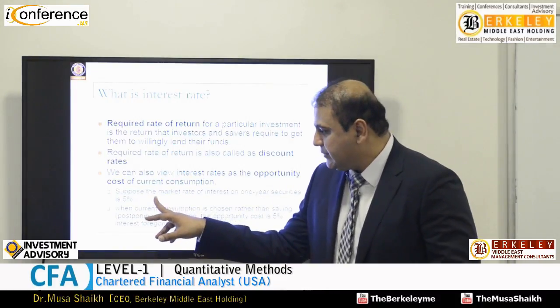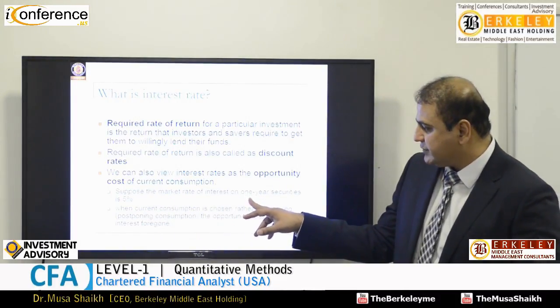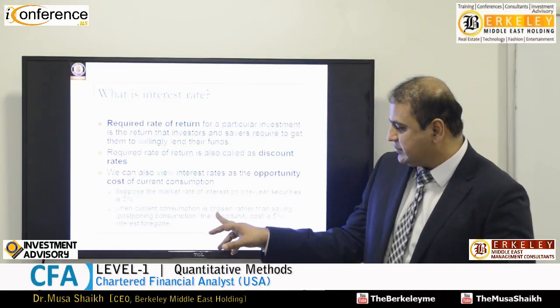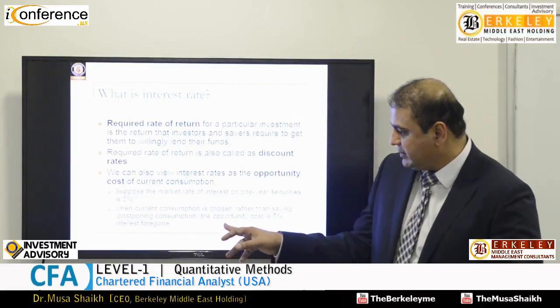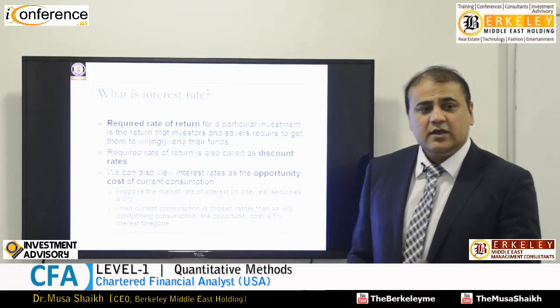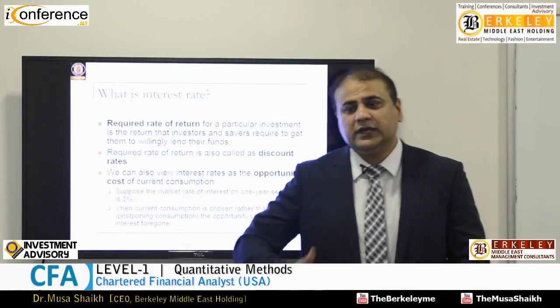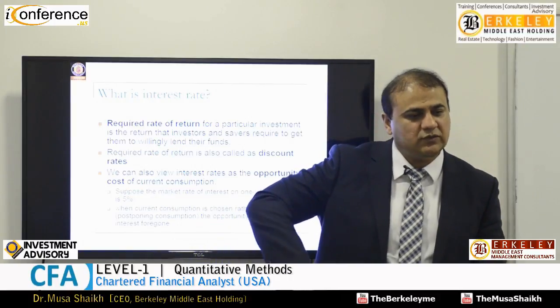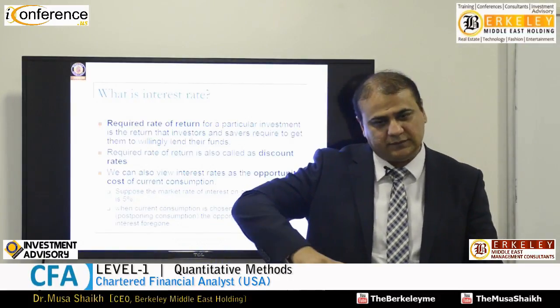This is the concept of opportunity cost. He gives an example: suppose the market rate of interest on a 1 year security is 5%. When current consumption is chosen rather than saving, the opportunity cost is 5% interest foregone. For example, you resign your job and for 6 months you study for CFA level 1.